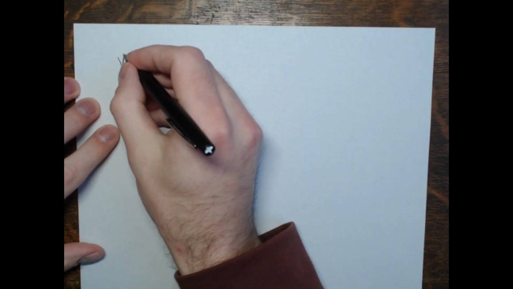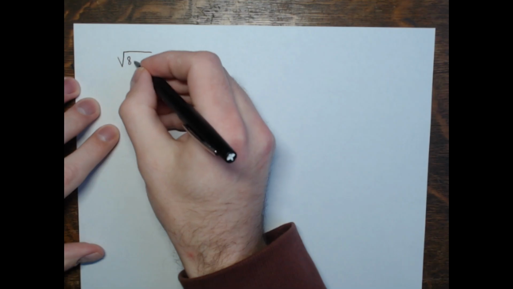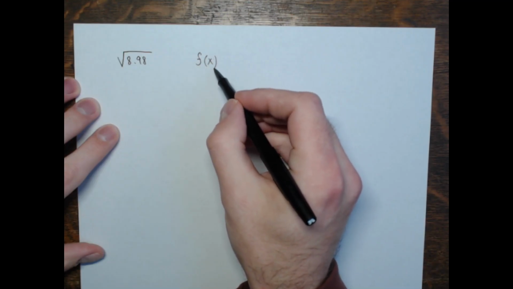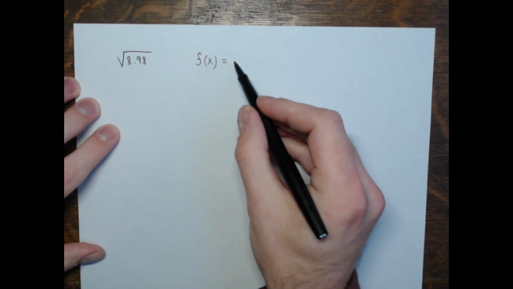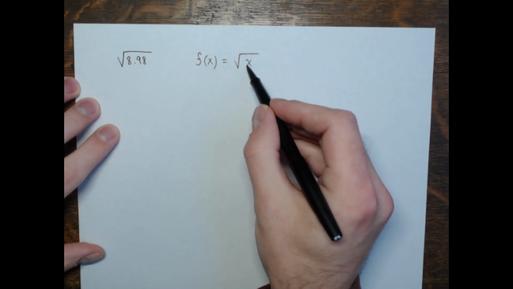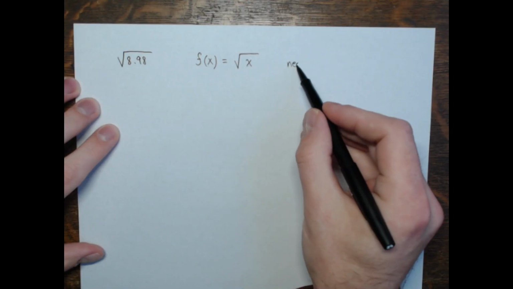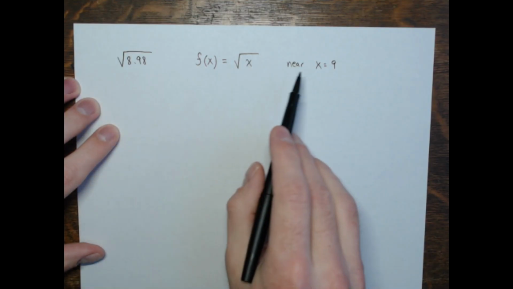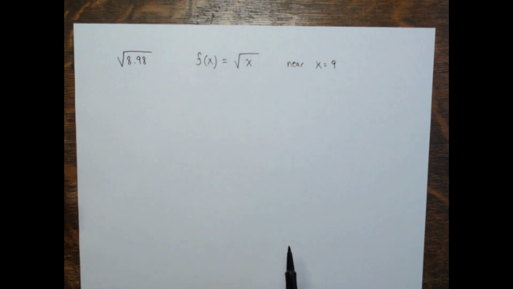So I'll look at the function. My original function here is just the square root of something, right? This is the square root of x. And we're going to be near x equals 9, right? 8.98 is very close to 9.